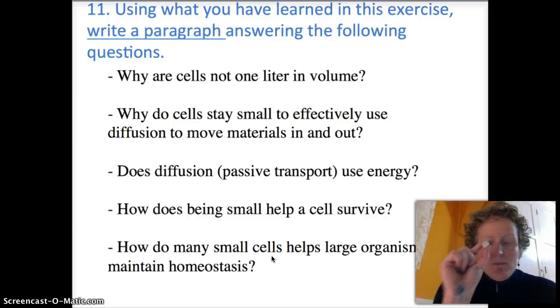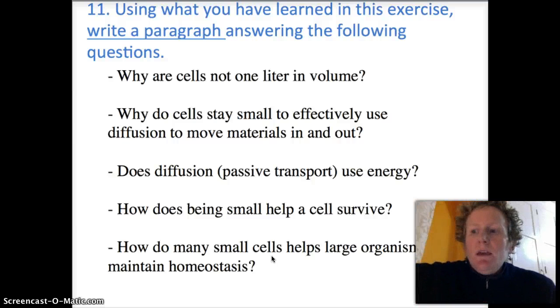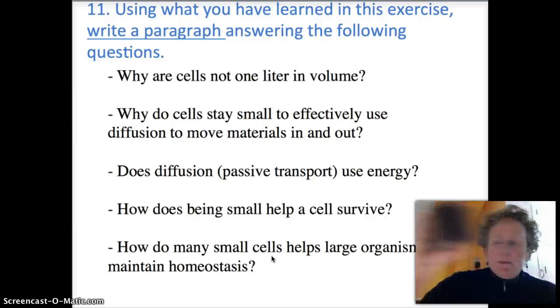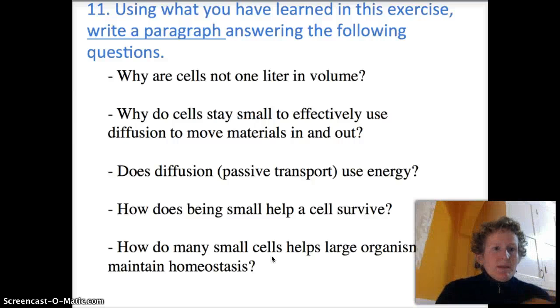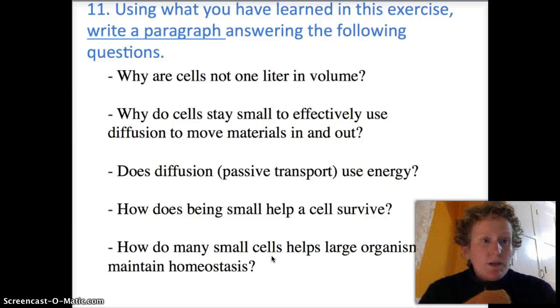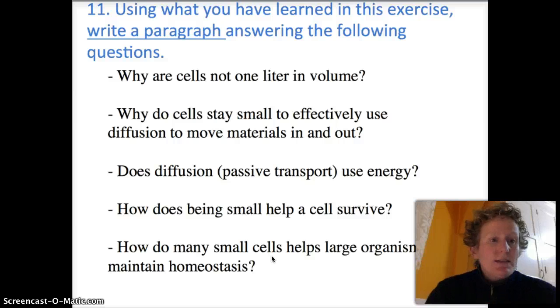So organisms have many small cells instead of a few big ones, because they can use diffusion, and diffusion is passive transport. Passive transport doesn't require energy. Cells do not have to use energy to move small molecules across the cell membrane.